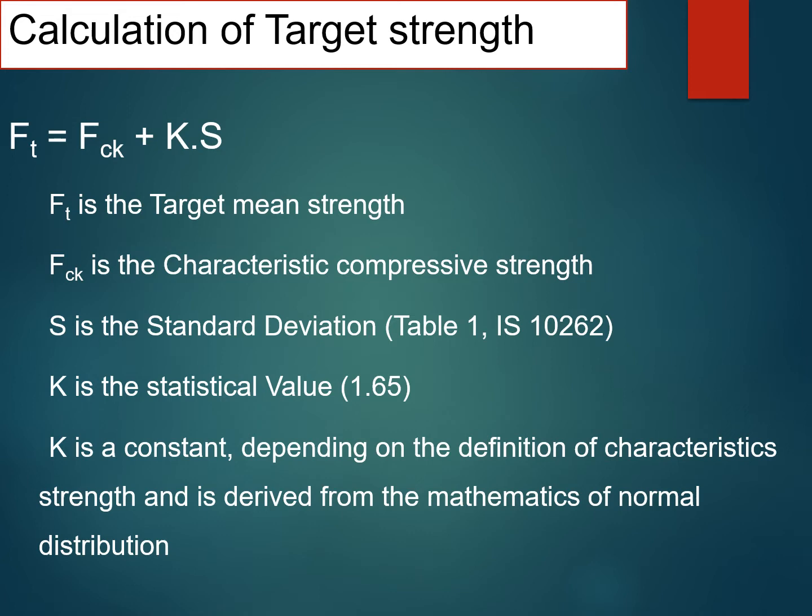So if the M30 grade of concrete is required to be designed, then the target strength is the FCK value of 30 plus the K value of 1.65 times the standard deviation, which is chosen based on Table 1 of IS 10262.